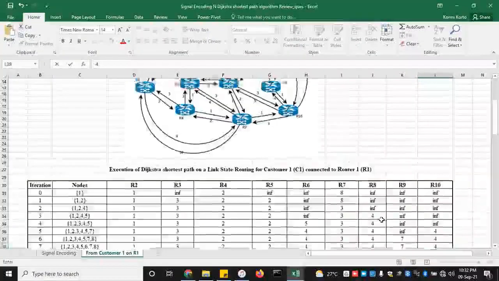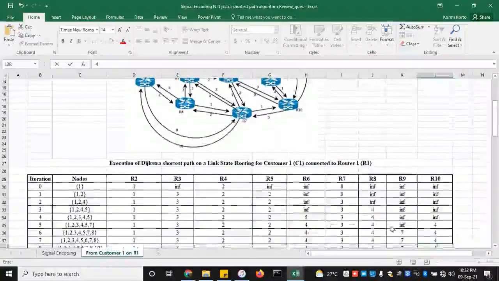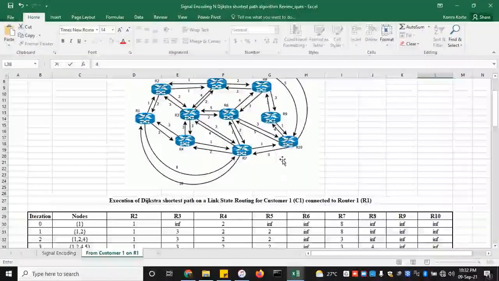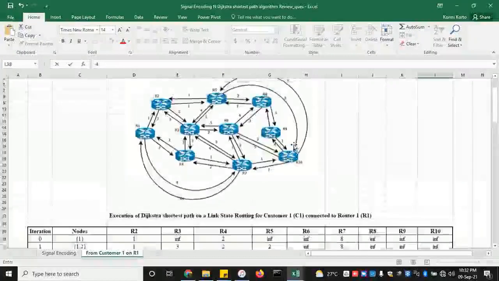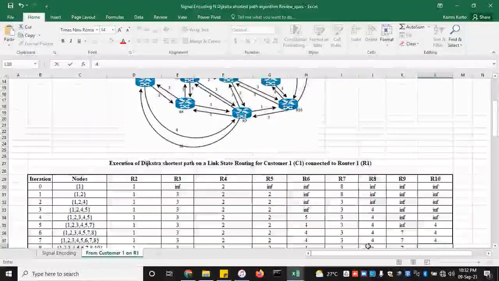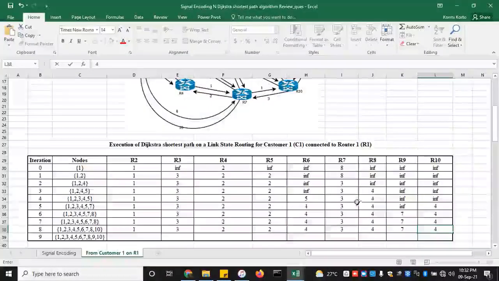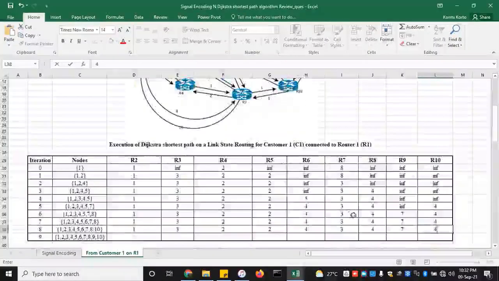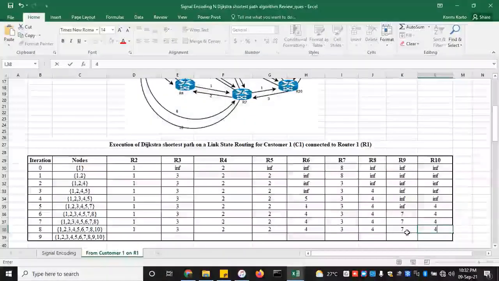I'm just looking at the sequence before that, because the only difference that we have with this last but one iteration is the introduction of 10, and since 10 is on the far side, getting to the nodes before that will still carry their previous values. Okay.